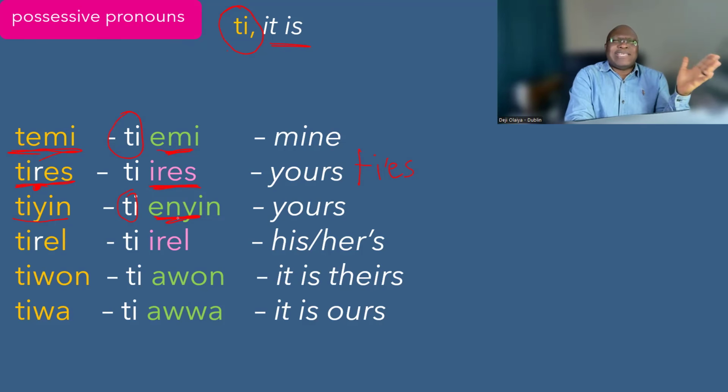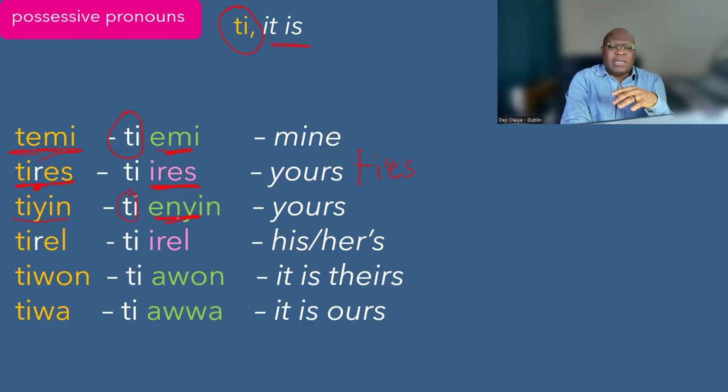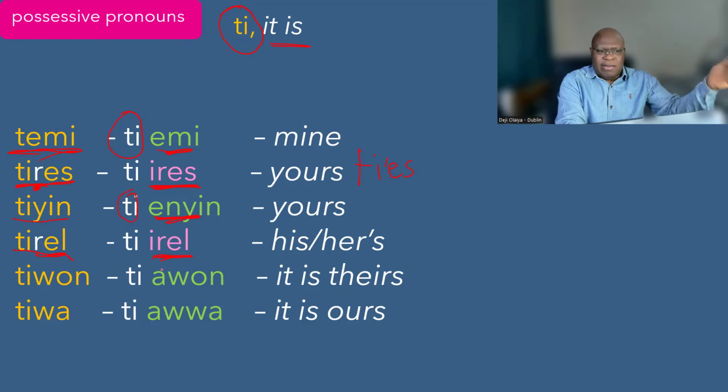Now, if you want to say it's his or hers, tire. You can see that one is tire. So there's re, that means his or hers. So you use ire for him or her.